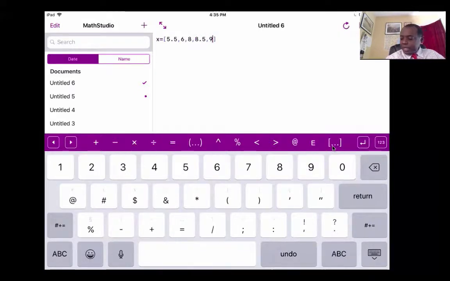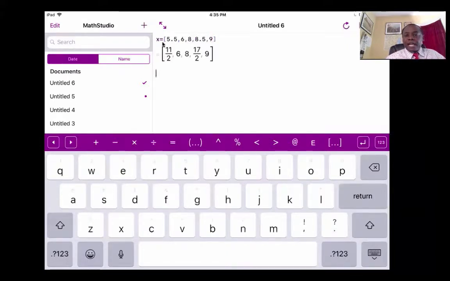Let's make sure we have it all: 5.5, 6, 8, 8.5, 9, and then you hit return. It has assigned this list the name x. Now, if you don't like the fractions here, just go back and hit enter or return a second time, and it gives it in decimals. That's how easy it is.